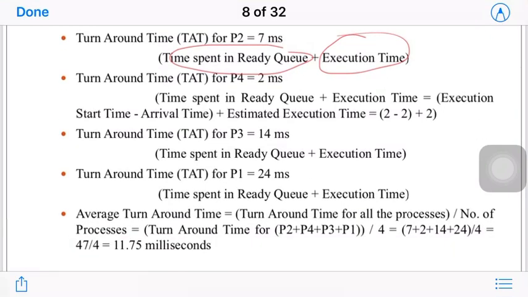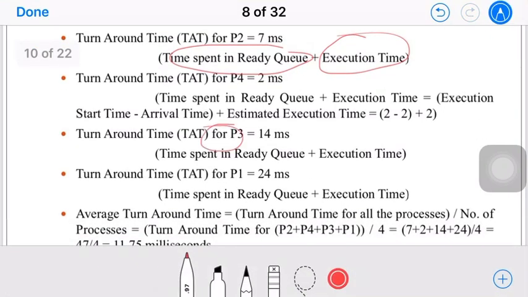Similarly for P3, the waiting time was 7 milliseconds, as we just saw, and the execution time is 7, so 14. Then waiting time for P1 was 14 milliseconds plus execution time 10, so total turnaround time is 24 milliseconds.